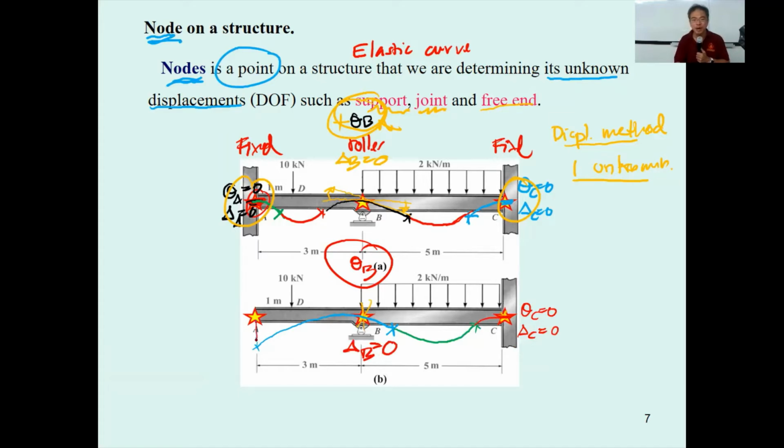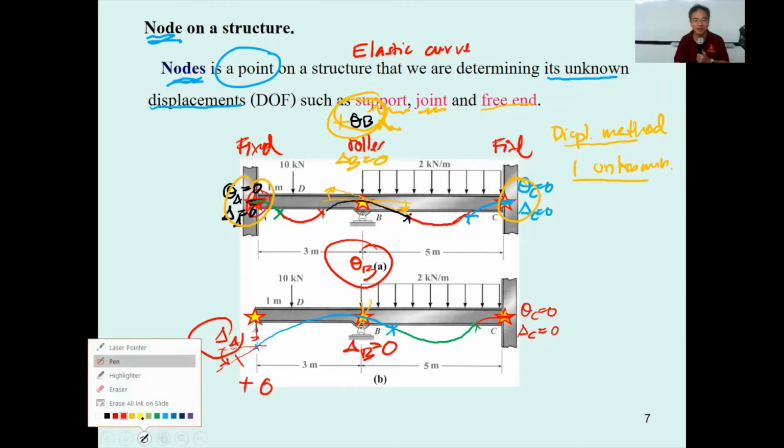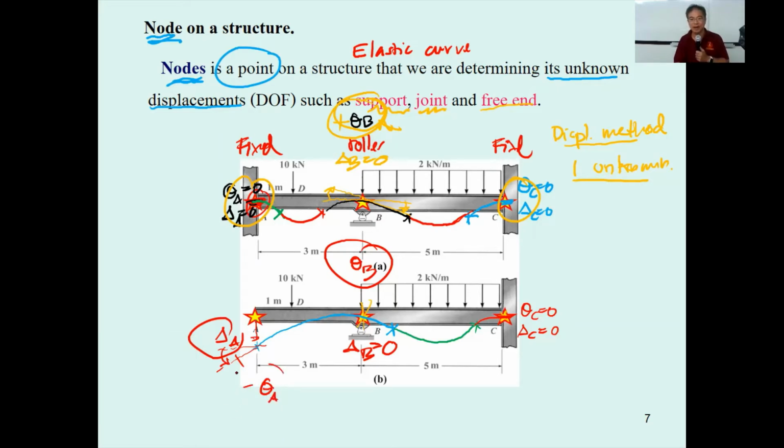But for this one, delta sub A is going to be an unknown. And also if you measure the slope here, this is counterclockwise, so it's going to be negative theta sub A. We have 3 unknowns for this one, 3 degrees of freedom.